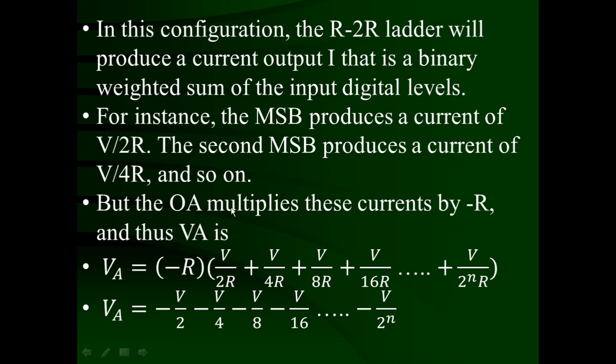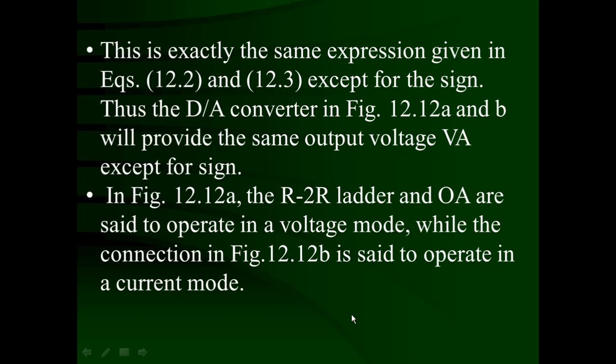But the operational amplifier multiplies these currents by minus R, and thus the output voltage VA is equal to minus R into the currents I1 plus I2 plus I3 plus I4 etc. up to In, the summation of the currents. That is, VA is equal to minus V by 2, minus V by 4, minus V by 8, minus V by 16, etc., minus V upon 2 raised to n.